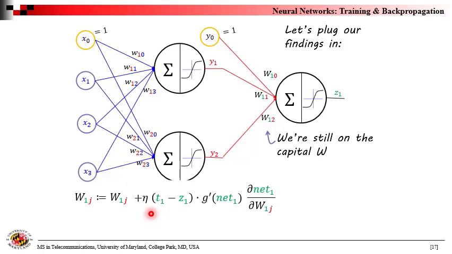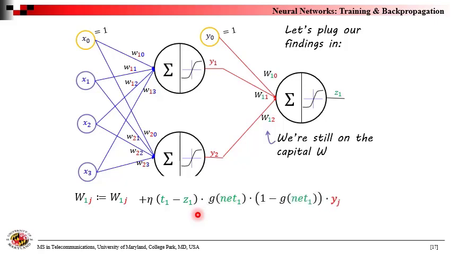So the sensitivity was equal to the distance between our target point and the point that our neural net produces times g prime of net 1. We just talked about what that was. And we also figured out that the last partial derivative was simply whatever output of the hidden node was multiplying that particular weight that we're interested in.